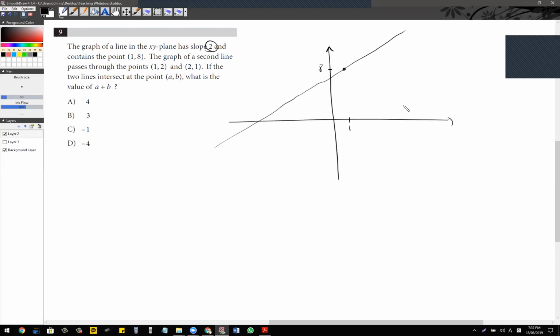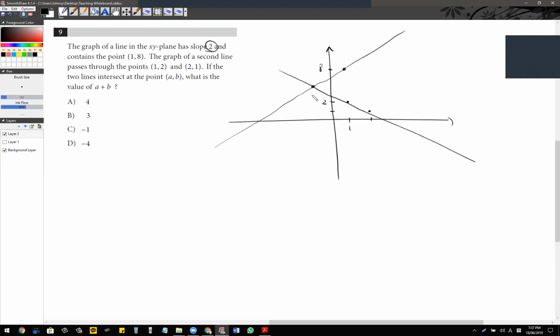And there is another point which is joining 1, 2, somewhere there, and then 2, 1, right? That's 2, 1. So join these two, then you get a line like this, and it's somewhere there.